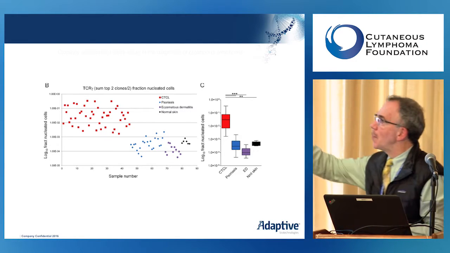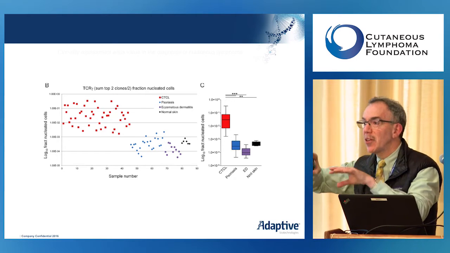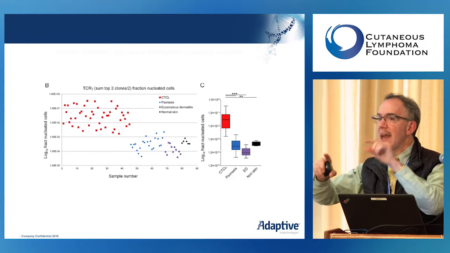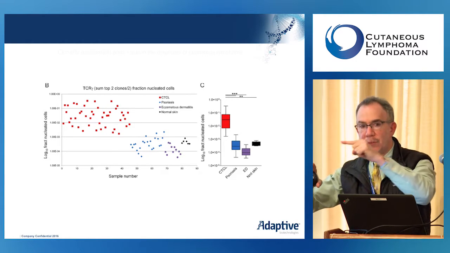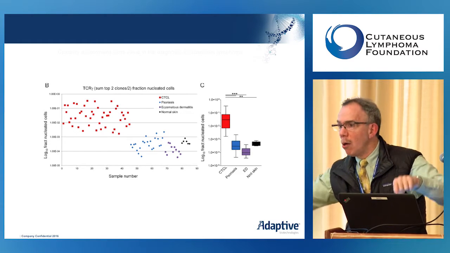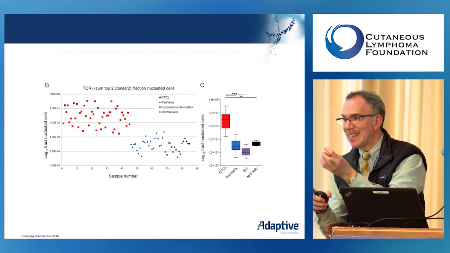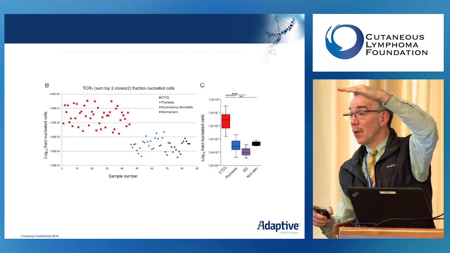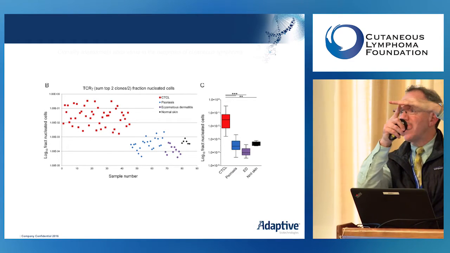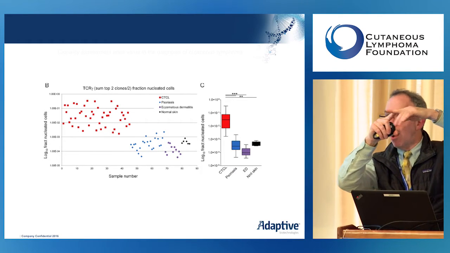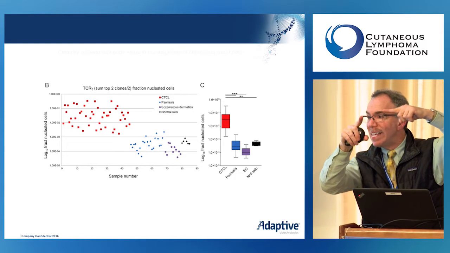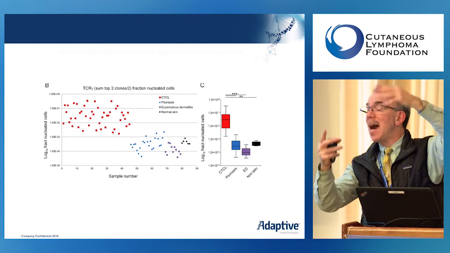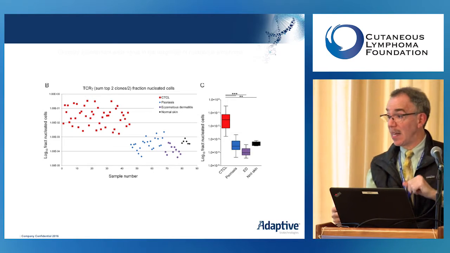So the measure here is a fraction of a given sequence of all of the cells that were present in that sample. The higher the fraction that is comprised by a lymphocyte that has a specific unique sequence, the more monoclonal that lymphocyte population is.